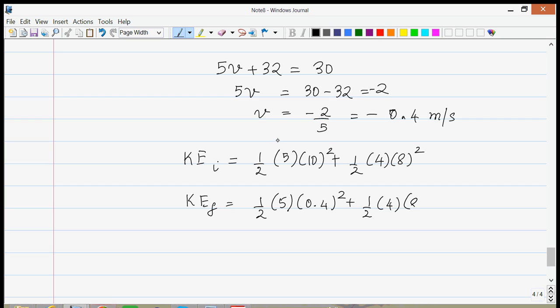Oh no, I made a mistake. The final is 8, the initial is 5. Sorry about that. So the initial is 1/2 times 5 times 10 squared plus 1/2 times 4 times 5 squared, and the final is 1/2 times 5 times 0.4 squared plus 1/2 times 4 times 8 squared. Find these two numbers and you will realize that KEi is not equal to KEf, and the collision is inelastic. So that's one problem.